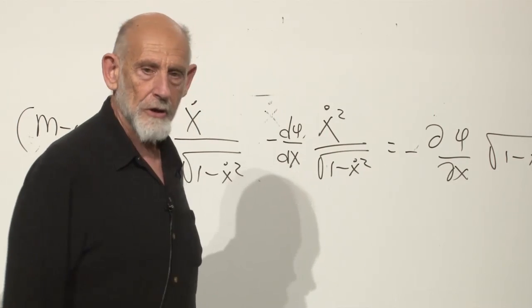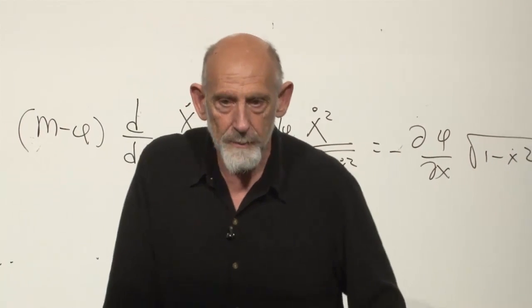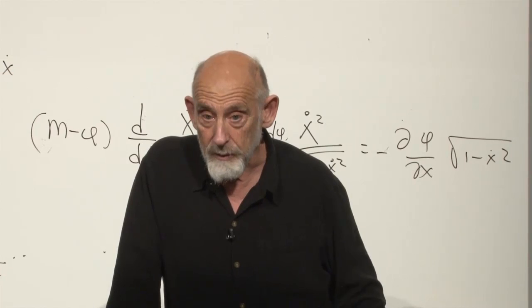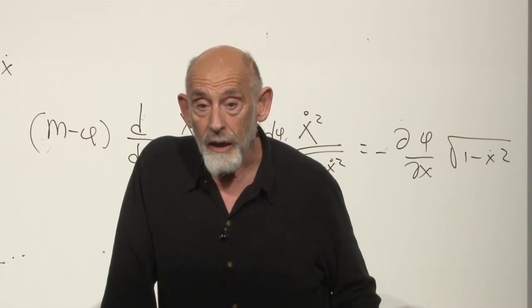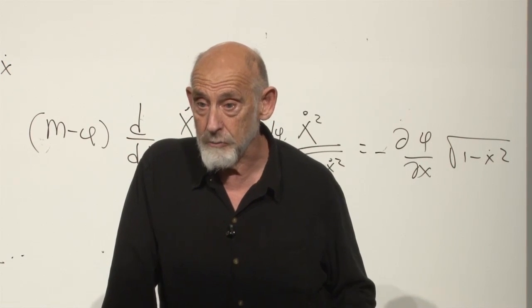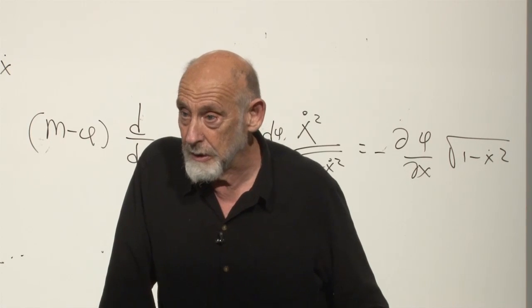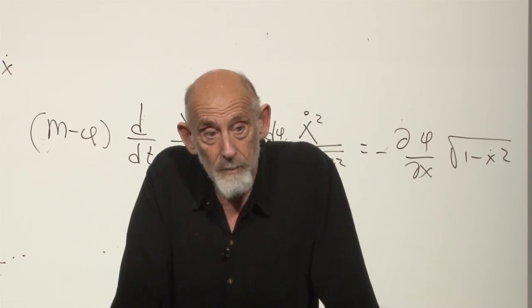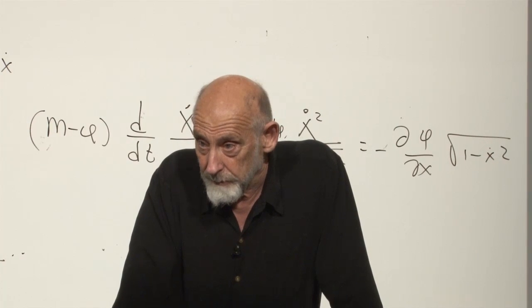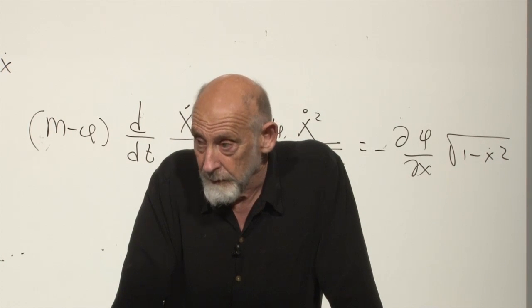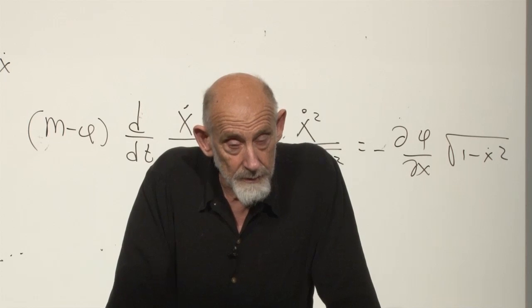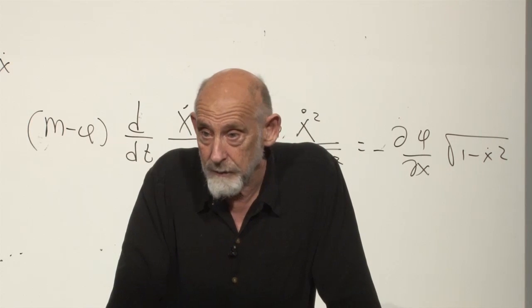I'll leave you the exercise of putting the speeds of light into it. There's a point. Put the speeds of light into it, and then study it when the velocity is much slower than the speed of light, and see if you can recognize anything familiar about it.